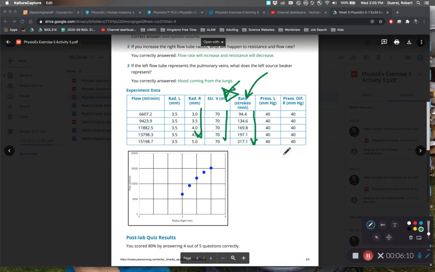In this scenario, the way the PhysioEx was pre-programmed is that as we reduced peripheral resistance, the heart can eject blood quicker and the heart rate will increase. And if stroke volume is held constant and the heart rate increases, the flow rate will increase.